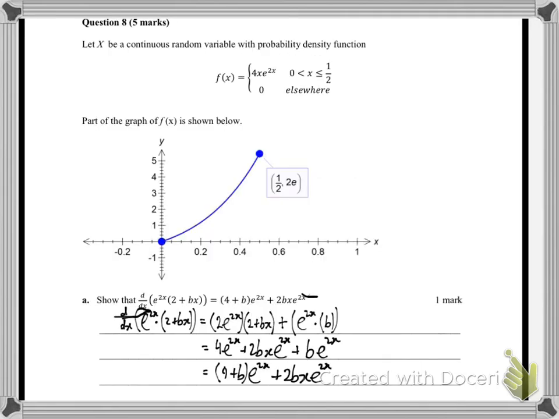In the previous question we've got a situation where the derivative of something is equal to these two terms, and in fact this second term here looks the same as that, and all we have to do is make the b number equal to something. Let's let b equal the number 2, and it will be exactly the same. Does that make sense?